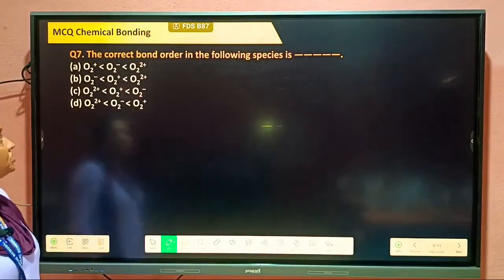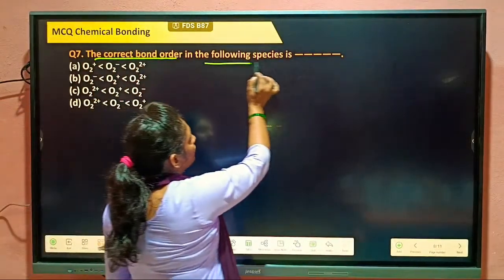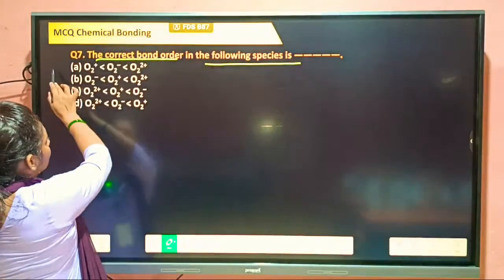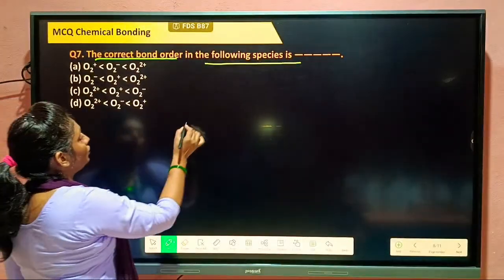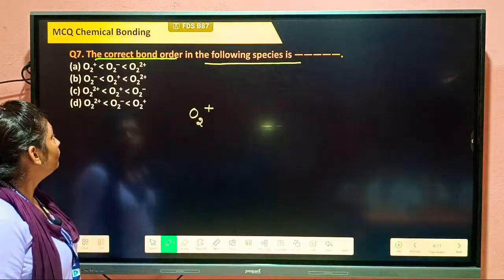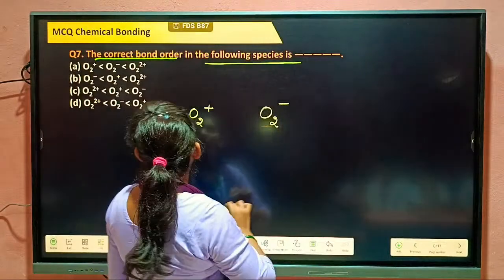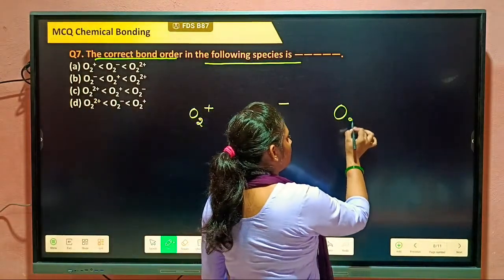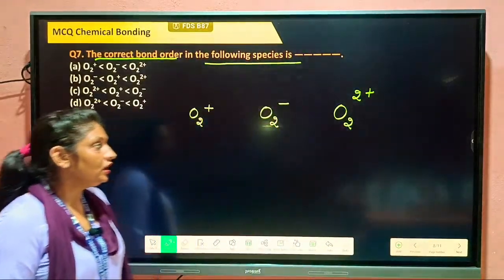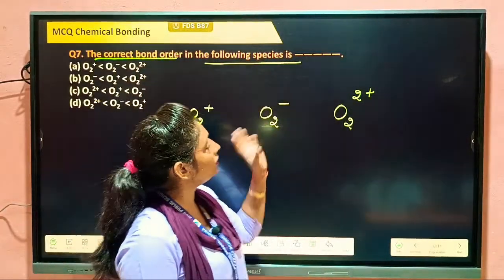Next question: the correct bond order in the following species is. Students, here the species given are O2 plus, O2 negative, and O2 2 positive. We will see the order of the bond order.